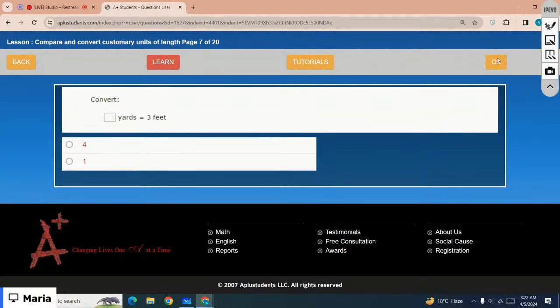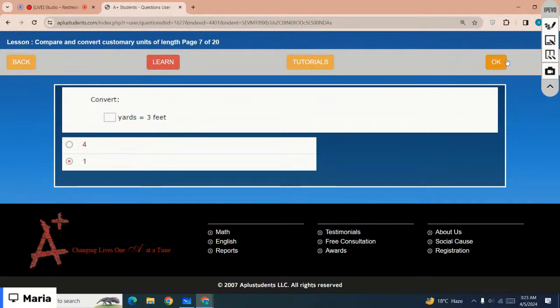Okay, 3 feet equals how many yards? One yard equals 3 feet, right?